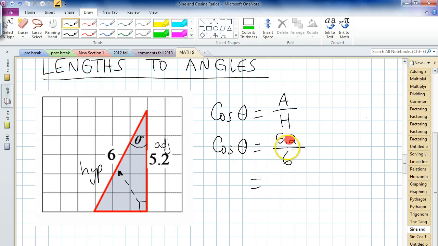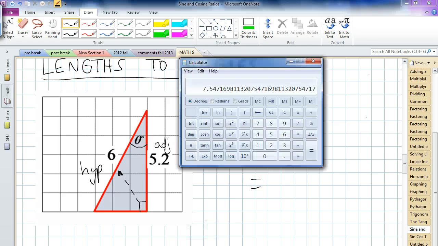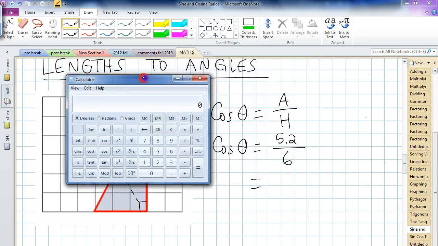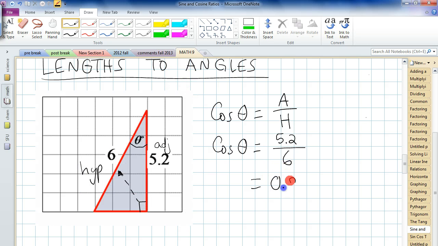So let's figure out this side, 5.2 divided by 6. 5.2 divided by 6 is 0.87 repeating. The 7 was going on forever, so we'll just call it 0.87. Just rounding it.